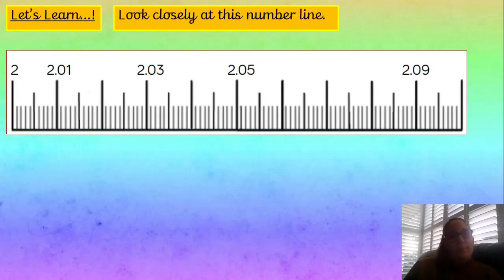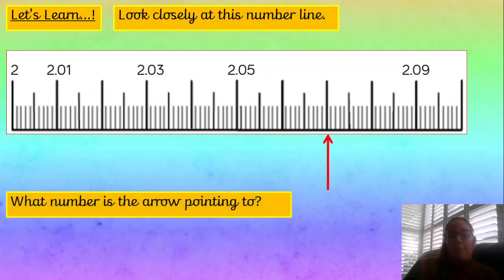Look closely at this number line. What number is the arrow pointing to? What can you do to work this out? What do we already know? Well, we know that we've got 2.01, then there's a gap, then we've got 2.03, then there's a gap, then we've got 2.05.